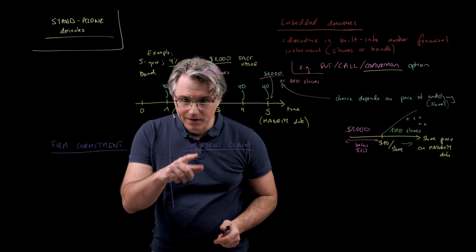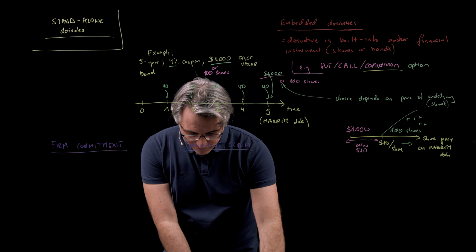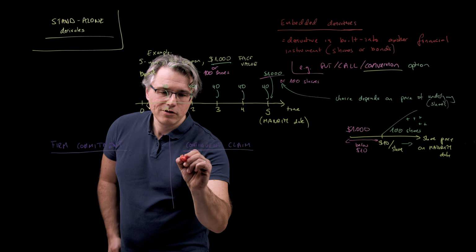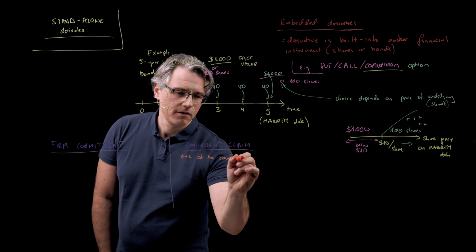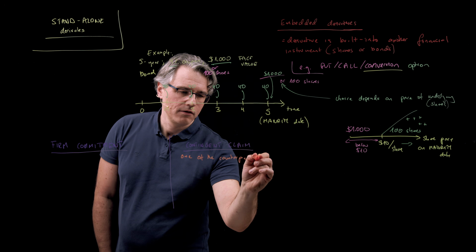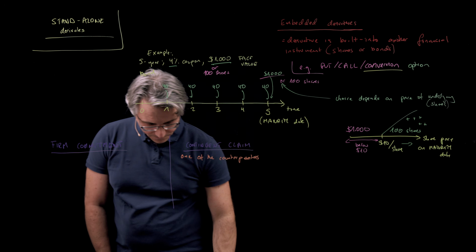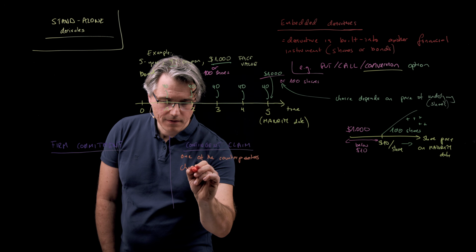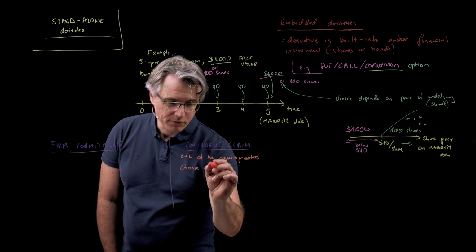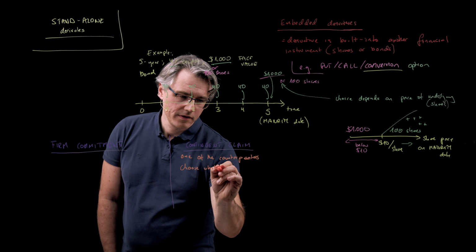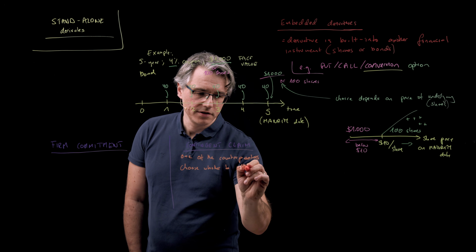So in the case of contingent claims, I think this is easier to start with because we've just done an example of one, an option. One of the counterparties decides or chooses whether to actually settle on pre-agreed terms.